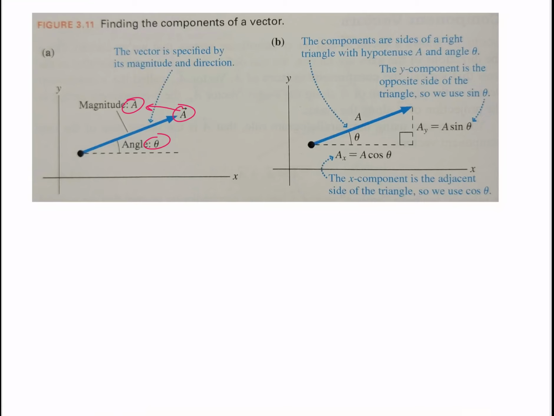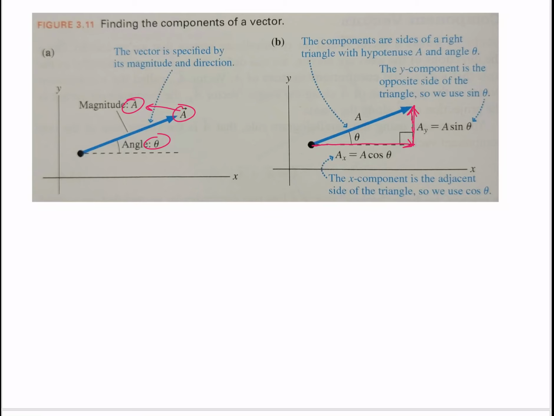So it has some length a. We don't know what it is, which is fine. The components are a sub x, which would be along the x direction out to the side there, and a sub y then would be coming up, so almost tip to tail, right?